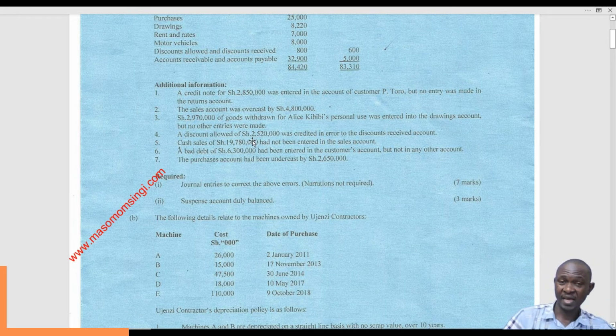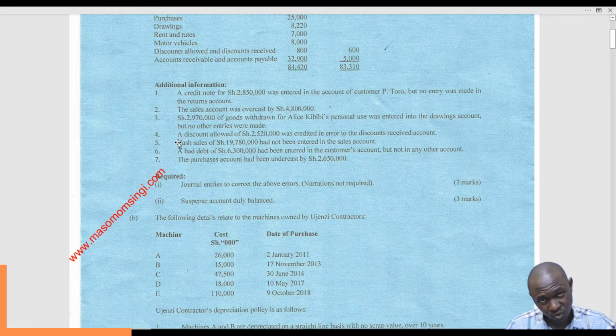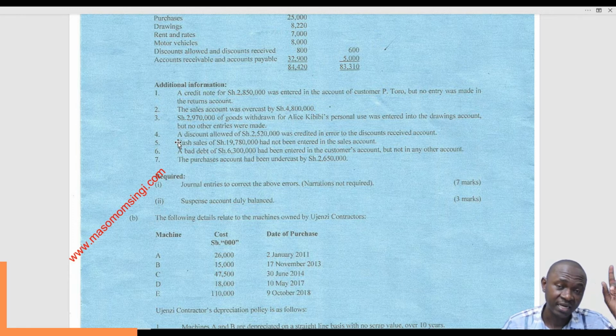Now, all these are errors, and you can see they are not affecting the two sides of the ledger. They are only affecting one side, and such errors will definitely lead to a suspense account. But if it's affecting two ledgers, that is debit and credit of different ledgers, in such cases, it will just balance itself out.